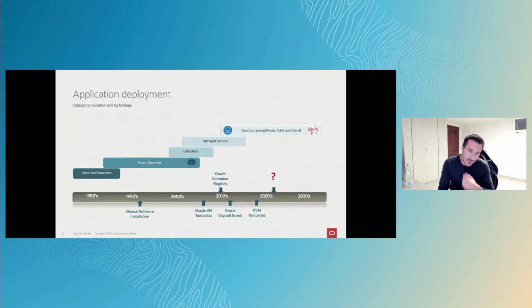Here we have a timeline showing different models that have been adopted in the past for application deployment, starting from the 90s, when we introduced manual software installation, arriving to today, where for example, on Oracle Linux KVM, we have KVM templates that allow you to rely on ready-to-run machines that can be deployed on top of the KVM hypervisor.